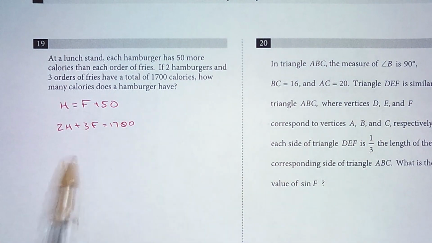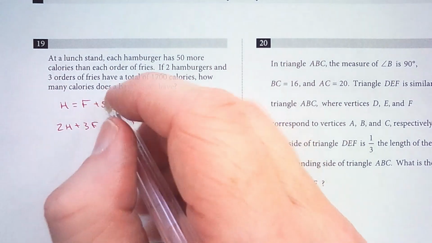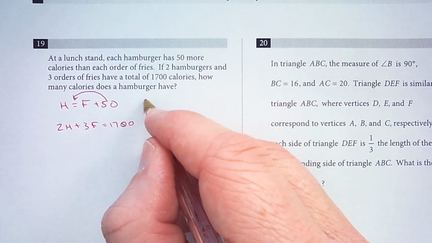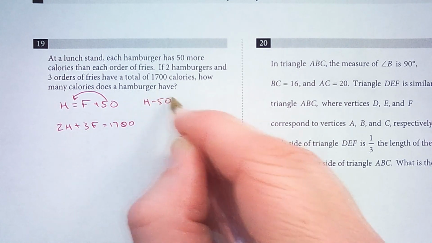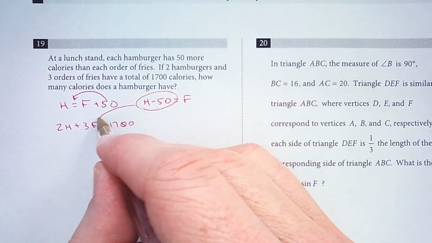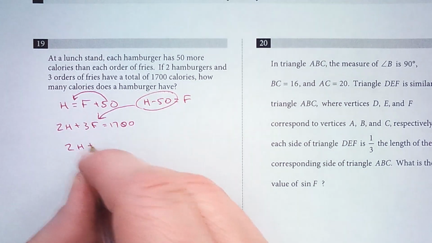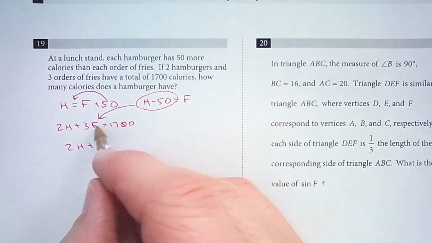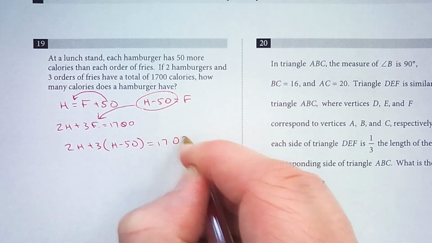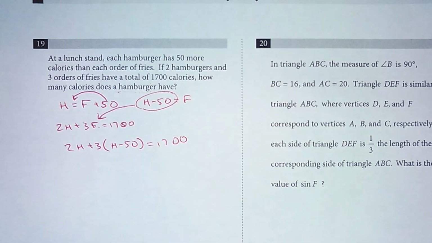Let's get rid of f in this equation. I'm going to move this 50 over here, and I'll have h minus 50 equals f. So I can substitute this for f. So I've got 2h plus 3 times, and f is now h minus 50, equals 1700. Now, if I solve for h, I'll know how many calories there are in a hamburger.